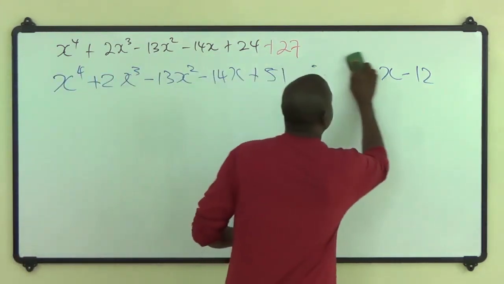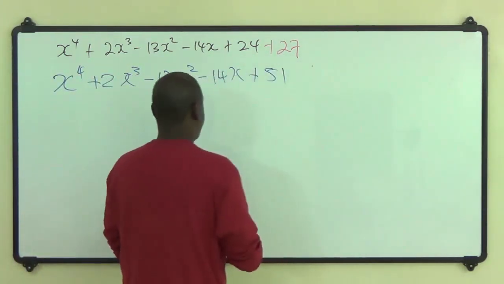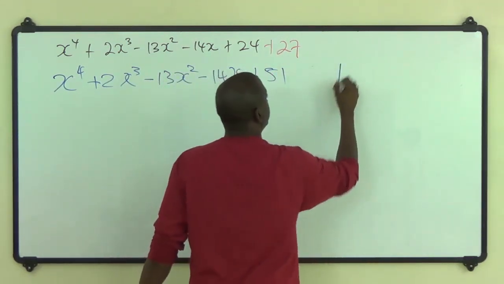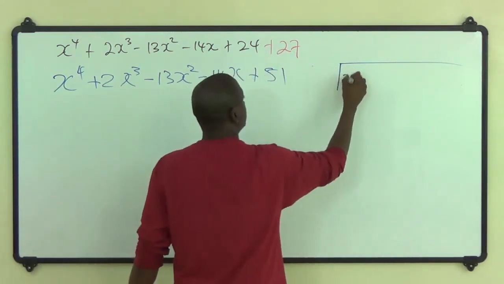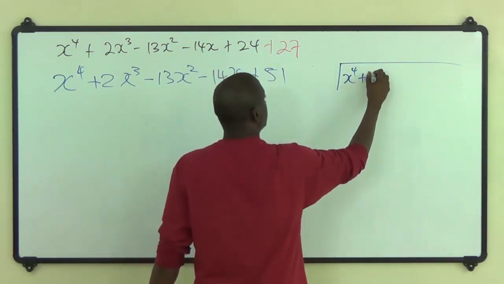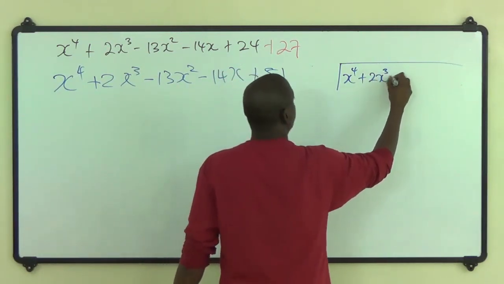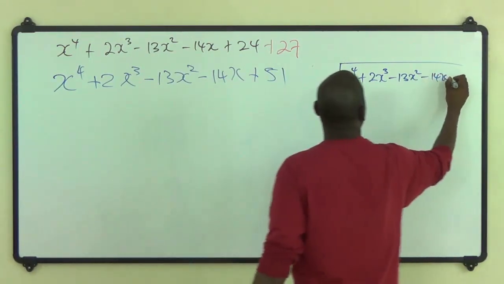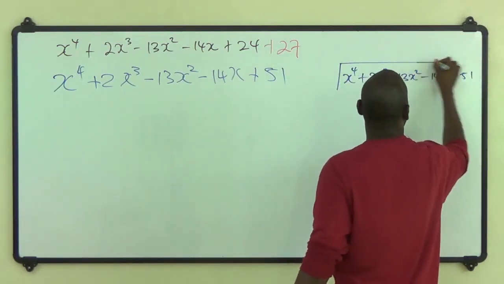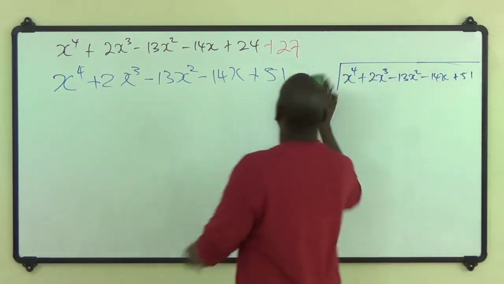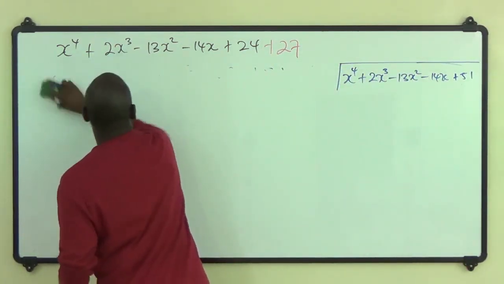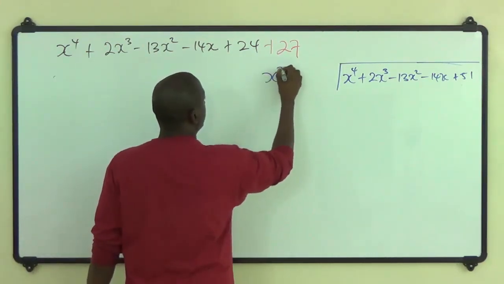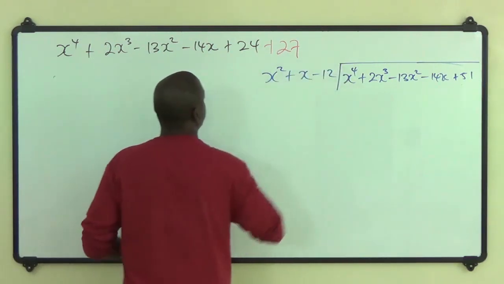Alright, so let me take some space on the side here to do the long division. So we divide in x to the power of 4 plus 2x cubed minus 13x squared minus 14x plus 51, and we divide that by x squared plus x minus 12.